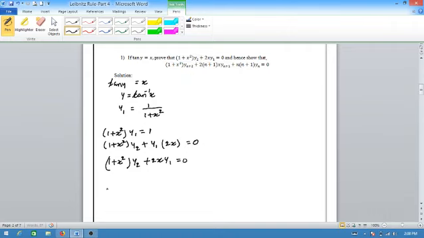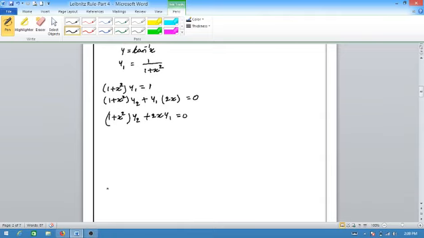So now apply the Leibniz rule, find the nth derivative of this. To find the nth derivative, apply the Leibniz rule.